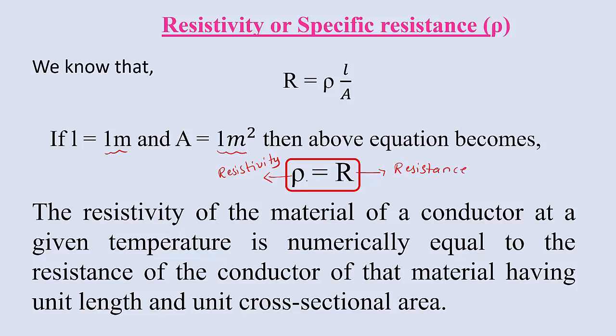Resistivity and resistance are equal only when it has unit dimensions, meaning unit length and unit area. So the resistivity of the material of a conductor at a given temperature, remember we are keeping temperature constant, is numerically equal to the resistance of a conductor of that material having unit length and unit cross-sectional area.